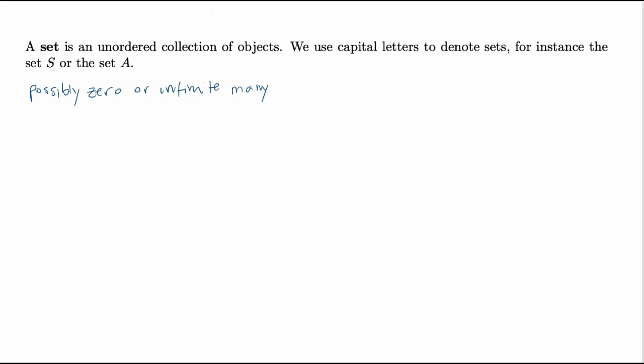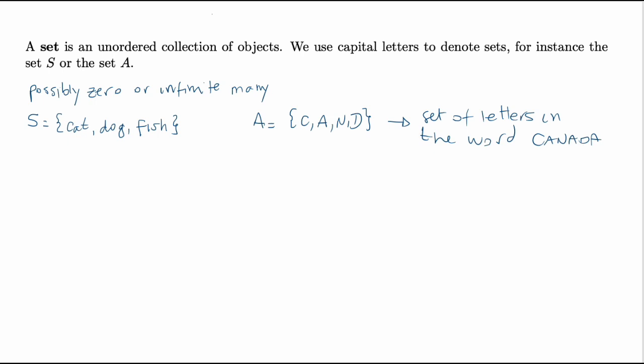So here are two examples that I want to show you. The first example is the set S. Again, a set is an unordered collection of objects, so we don't care about the order. Set S is, for example, composed of the objects cat, dog, and fish.